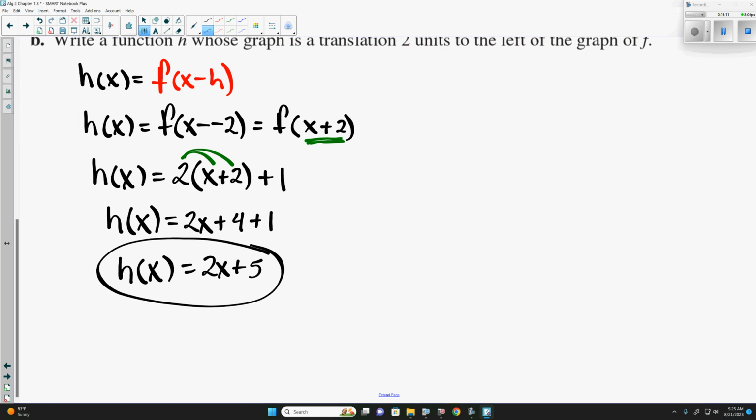Now, trying to apply these changes straight to the function is more challenging than if we use these steps here. And the biggest thing with any of the transformations we looked at today, I would continue to go back to these here. And the other caveat, because we will eventually get to these in 1.3, is doing more than one transformation. If we have that, do it one transformation at a time.